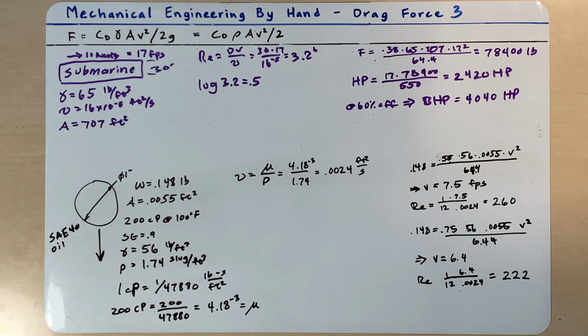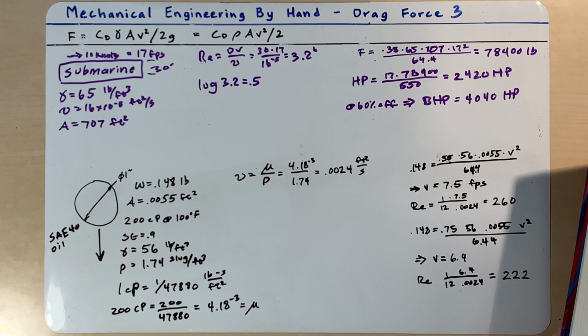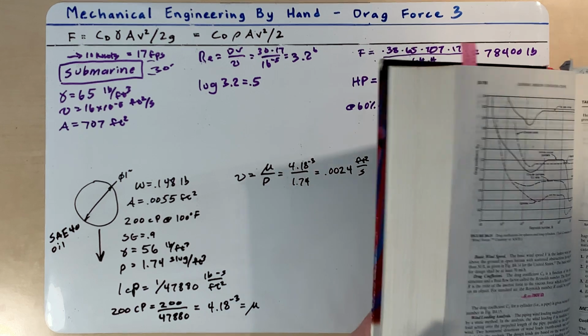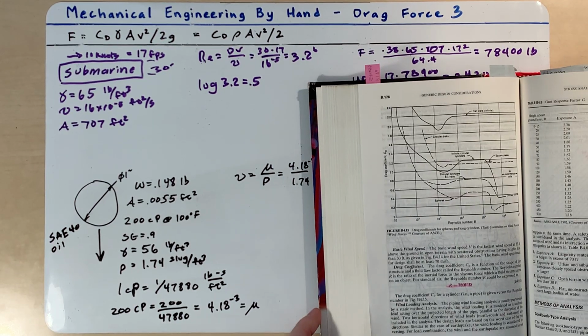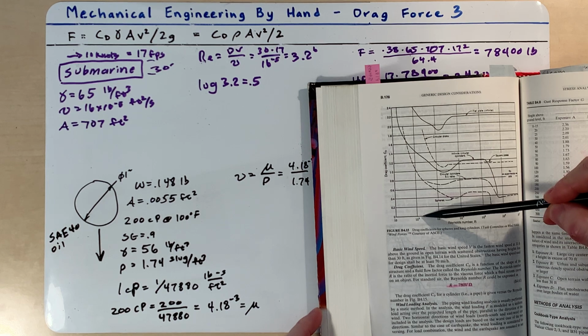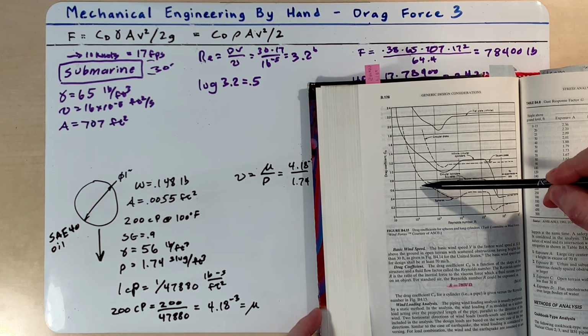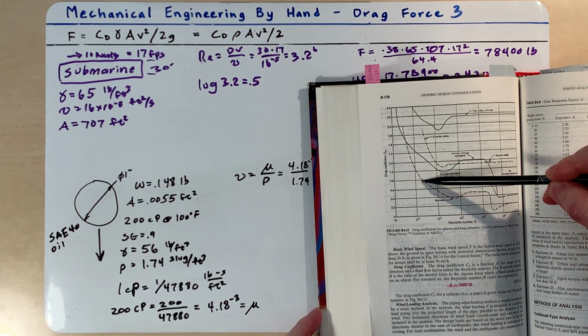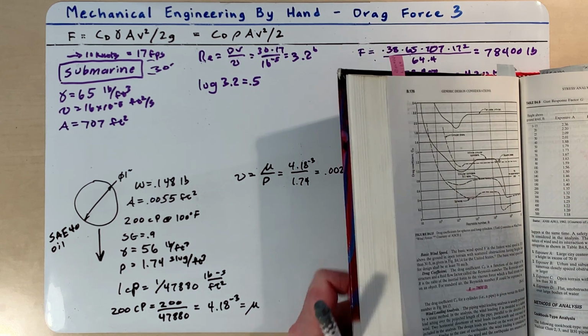The log of 2.22 is 0.35. So we go to the same area, make a small adjustment. It's about 1/3 of the way over. And I'm going to say it's right there at 0.8.